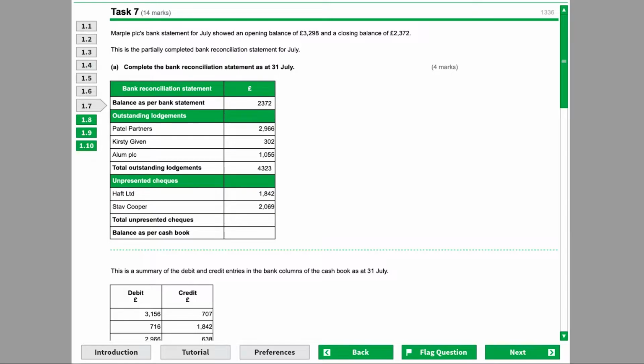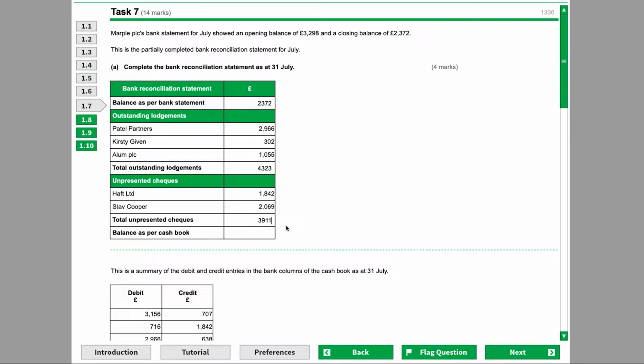We'll do the same on the total unpresented checks. So that would be the 1,842 plus the 2,069 and enter those in as 3,911.